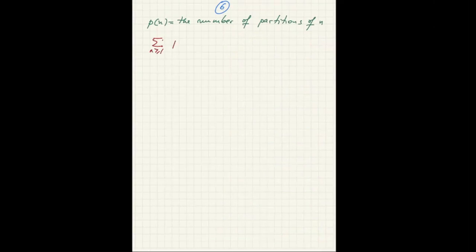So the sum over n greater or equal to 1 of Pn t^n has an expression as an infinite product, the product for k greater or equal to 1 of 1 over 1 minus t^k. That's how you can express Pn as the coefficient of t^n in this. It's not x here, it should be t. Sorry, it's t^k. Okay.